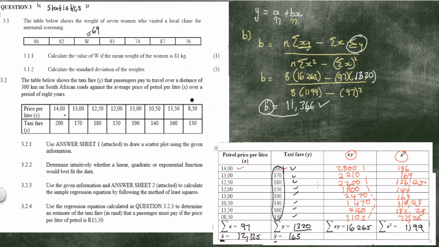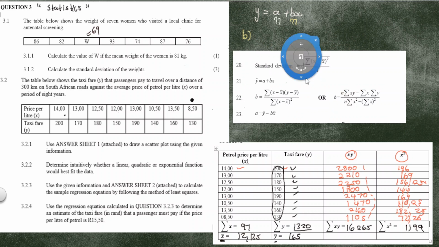Now, in order to calculate a, we use the following formula. a is equal to y bar minus b x bar. Let us make sure. So this is the formula. a is calculated using this formula, so you're correct.